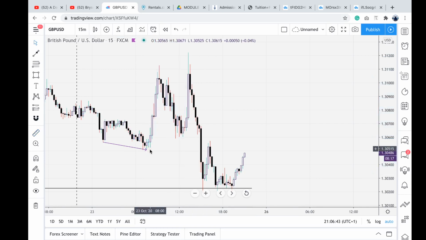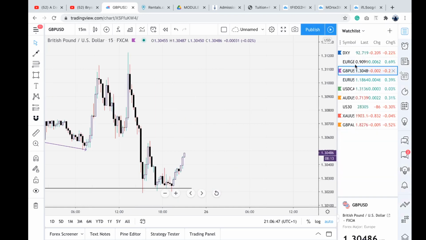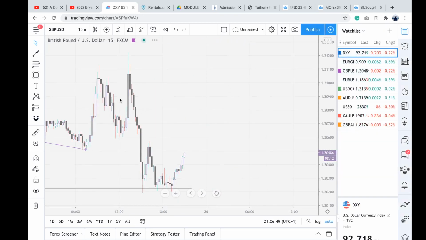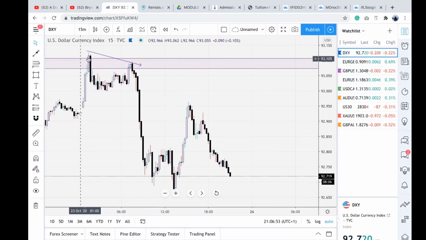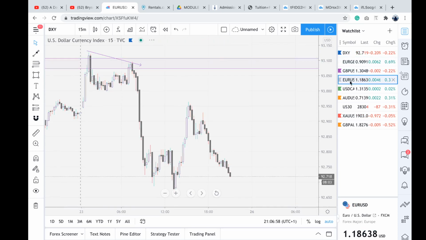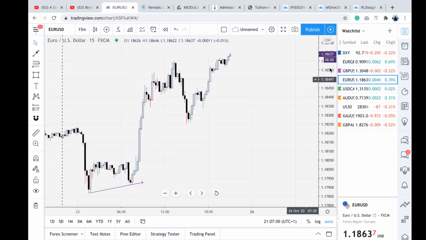But look at euro, euro just kept going up. So whilst DXY was under bearish accumulation, showing lower highs off a higher time frame support level where we can expect or anticipate bearishness, right? We then went and looked at what foreign currency was making higher lows. This was making higher lows, showing strength.